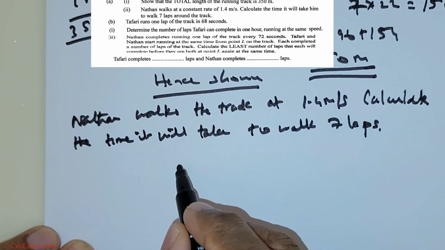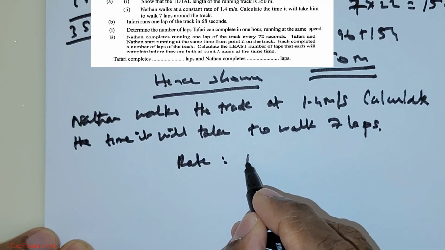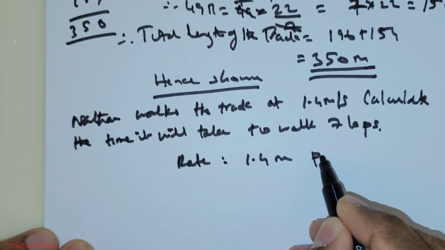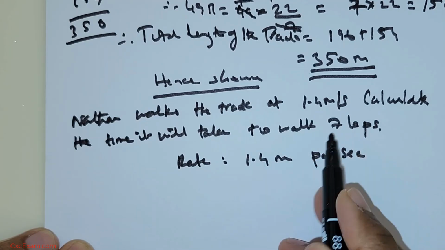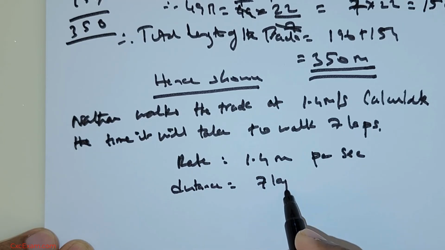Now the speed is given as 1.4 meters per second, but the distance is given as 7 laps.